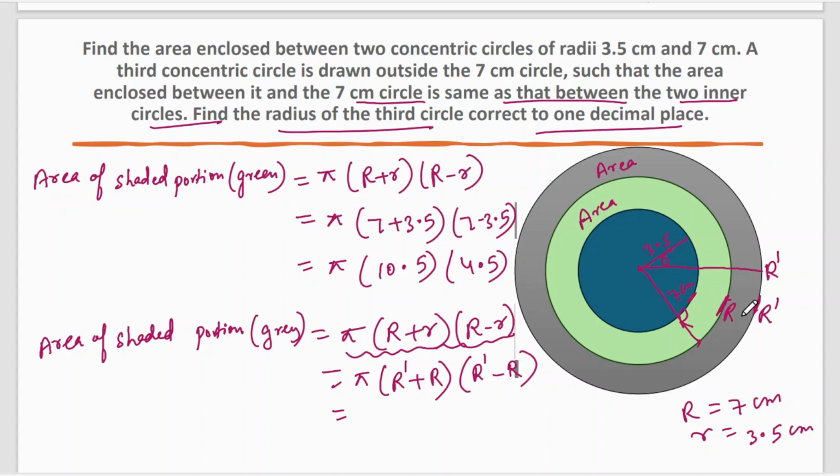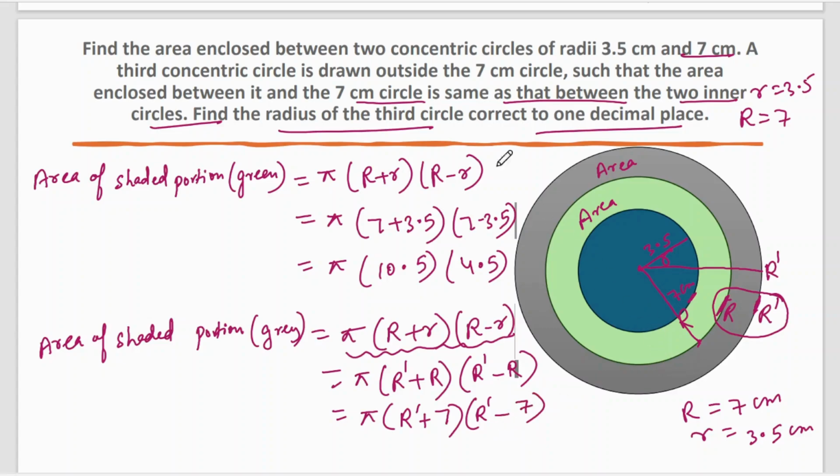So it is pi, R dash, which we don't know because we have to find it out, plus the value of r, which is given as 7, and R dash minus 7.